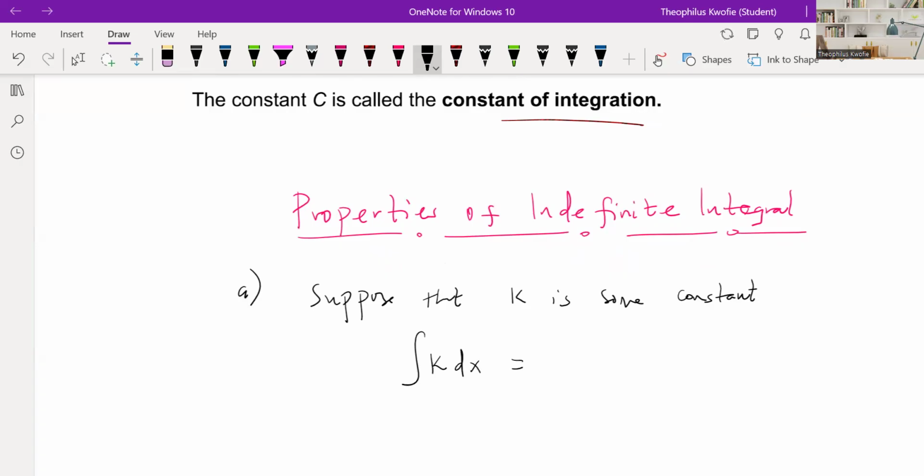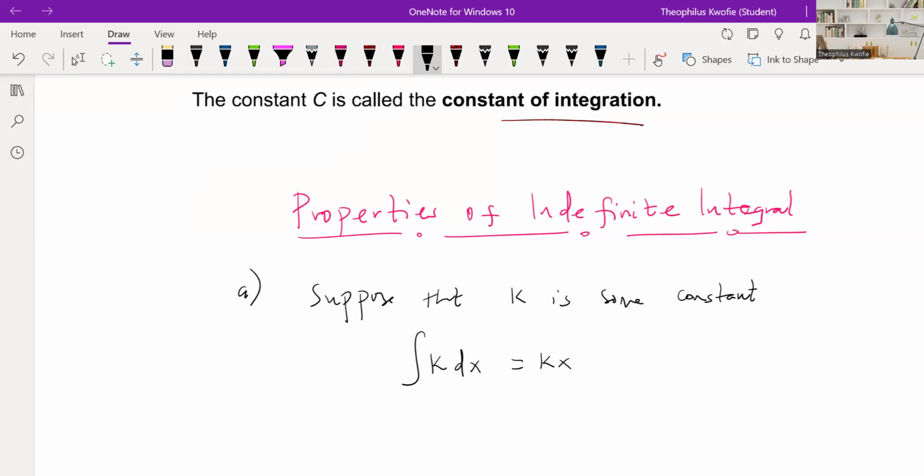What happened is that I asked myself, what function has its derivative to be k? What function should I pick such that when I find its derivative, the result is k? That is kx, so we have kx as a result.